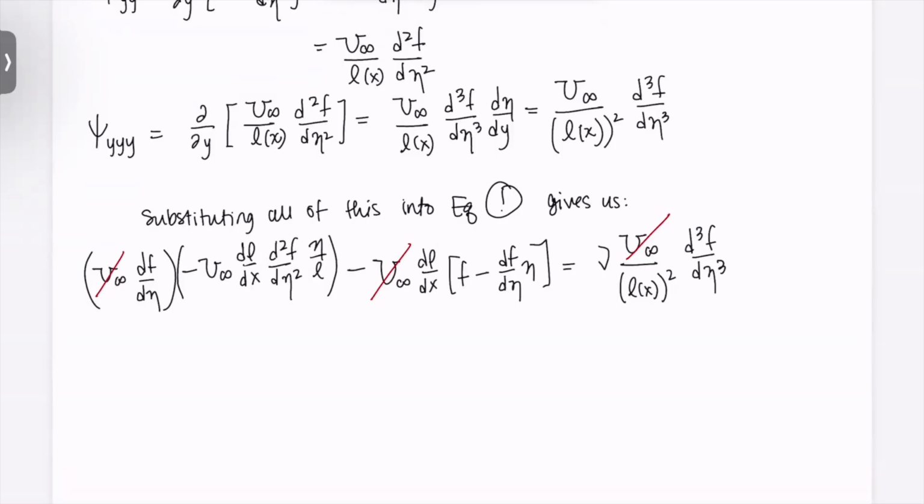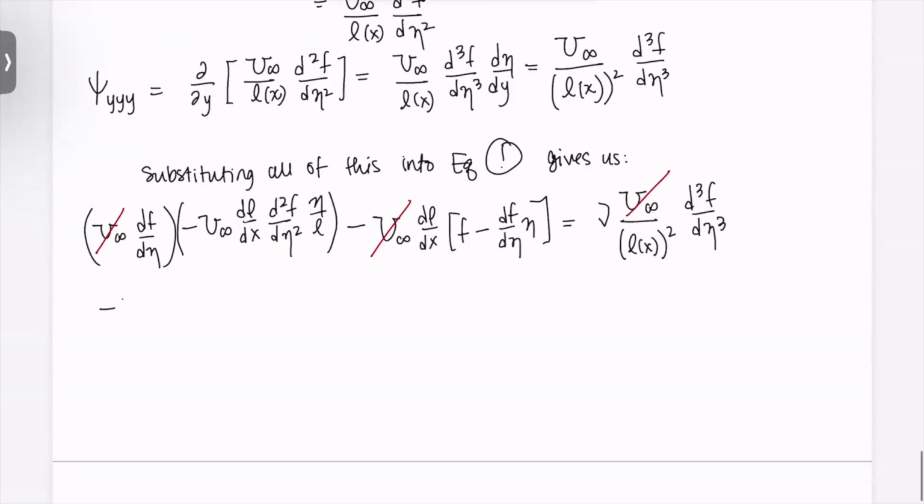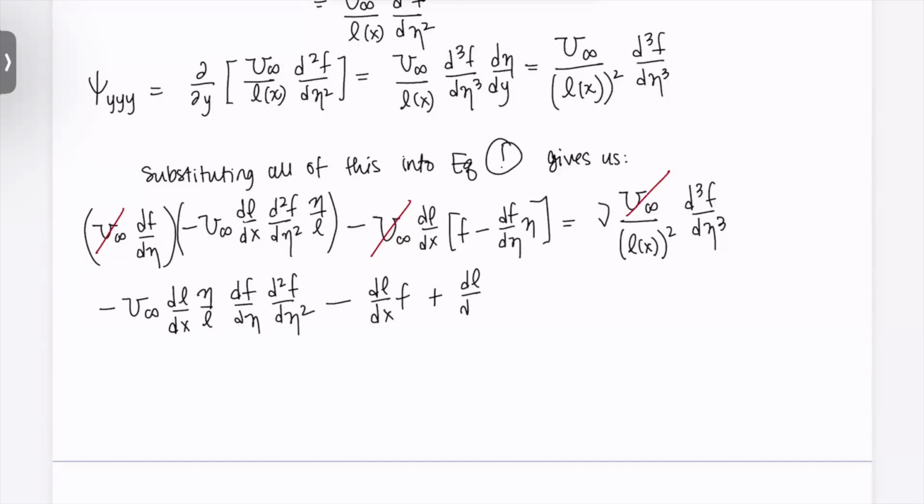Sorry, I think there's a cancellation, but let me just write this out. So I have minus u infinity dl dx eta over L. And then I have df d eta times the second derivative of f with respect to eta, minus dl dx f plus dl dx df d eta times eta.